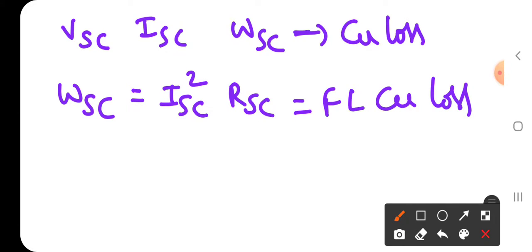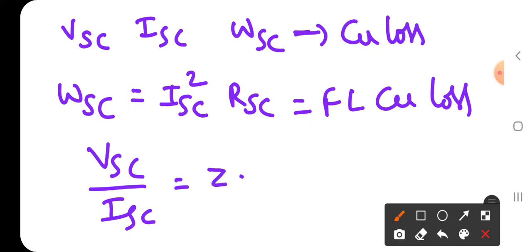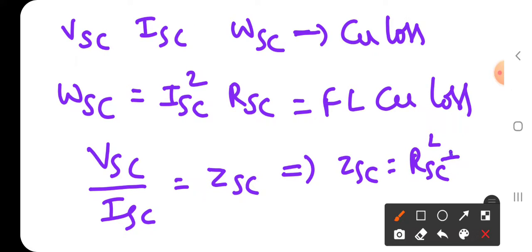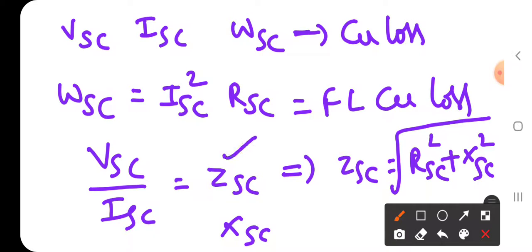From these values we can find the equivalent circuit parameters of the transformer referred to HV side: VSC by ISC is equal to ZSC, and ZSC is equal to the square root of RSC square plus XSC square. So you can also find XSC, as you know ZSC and RSC.